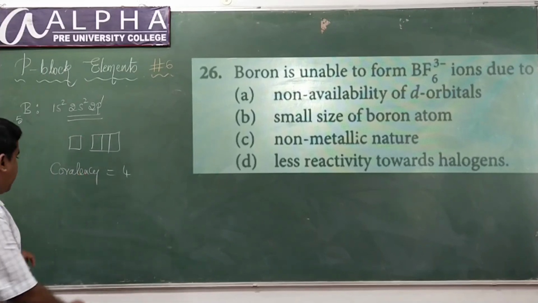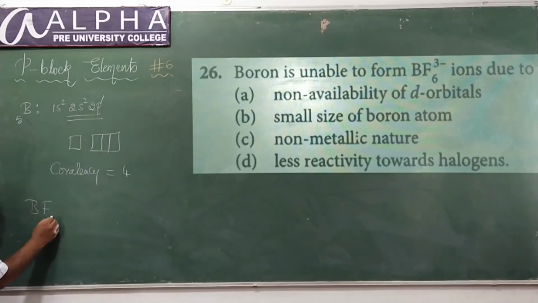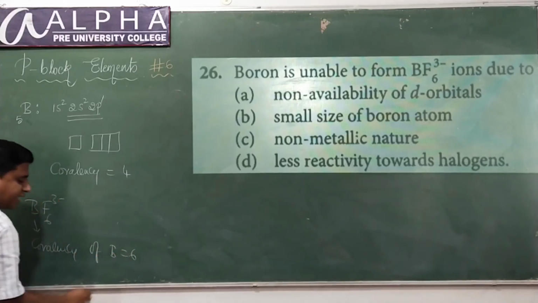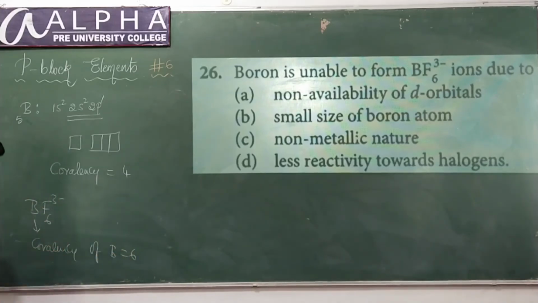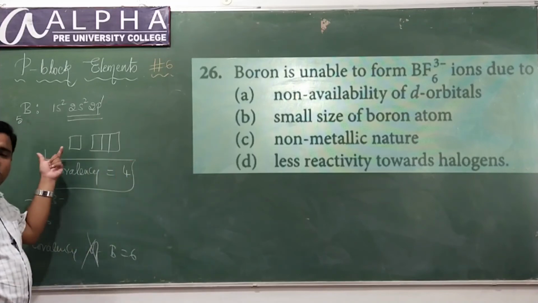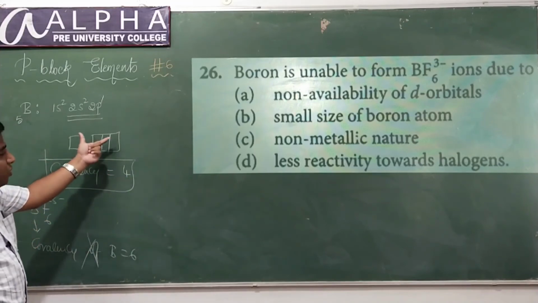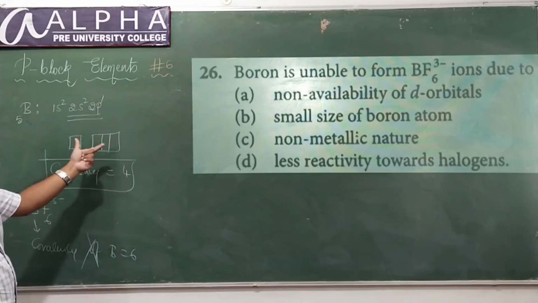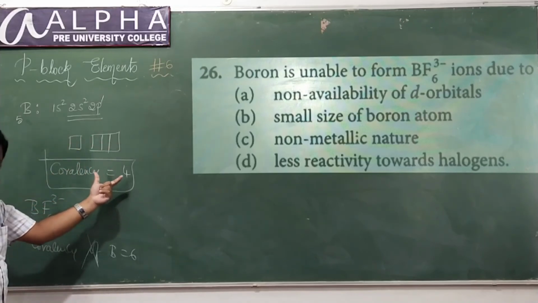Now, in boron hexafluoride, BF6 3 minus, the covalency of boron seems to be 6. Can the covalency of boron be equal to 6? No, the covalency of boron cannot be equal to 6. It can only be equal to 4. Why? Because there are no d orbitals. Since there are no d orbitals in boron, covalency of boron is restricted to 4.